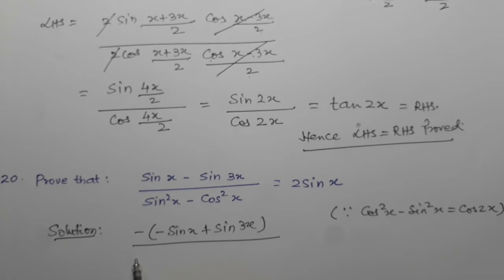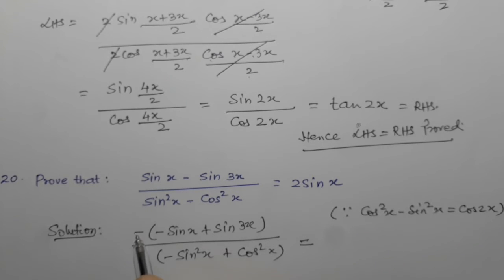Likewise, if I take minus common, this sin square plus will become minus, and this minus will become plus, because minus has been taken out, so it will be cos square x, right?